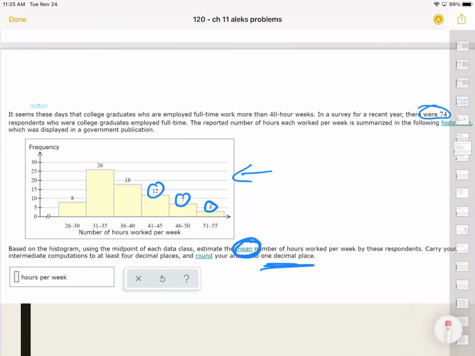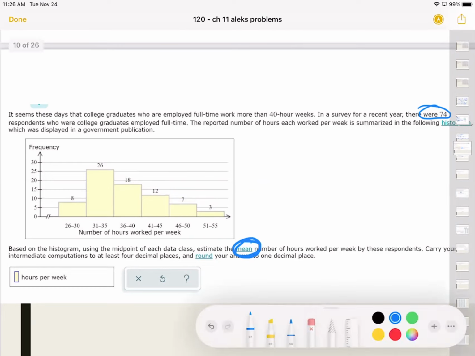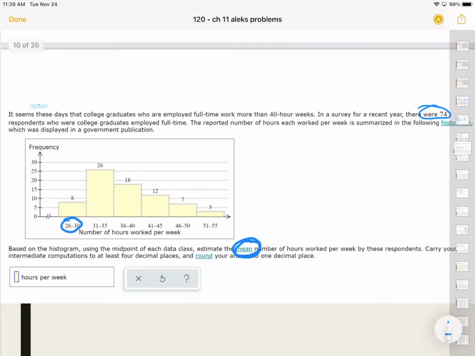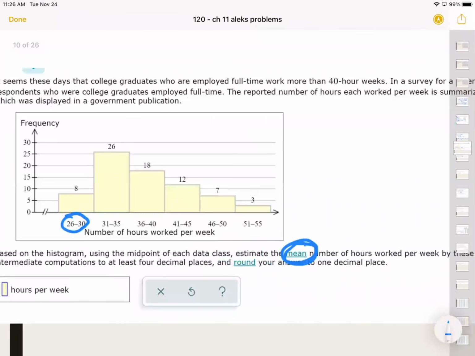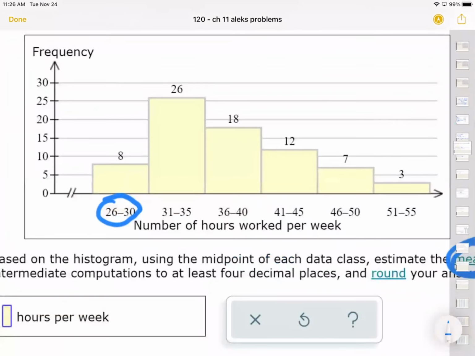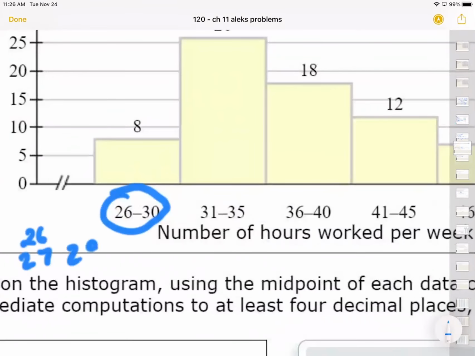Well, before we can find a mean, this is what we need to do, ladies and gentlemen. Because they give you grouped data, this group right here is between 26 and 30, right?